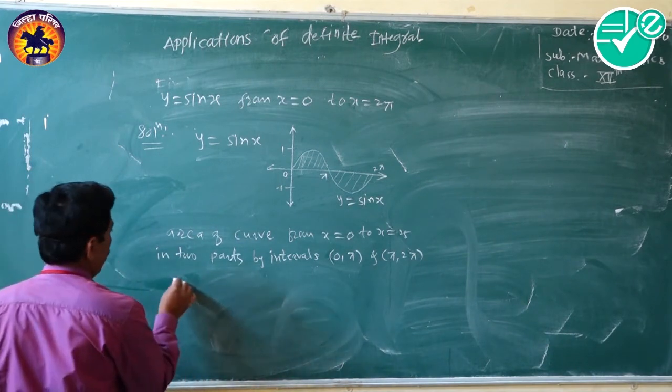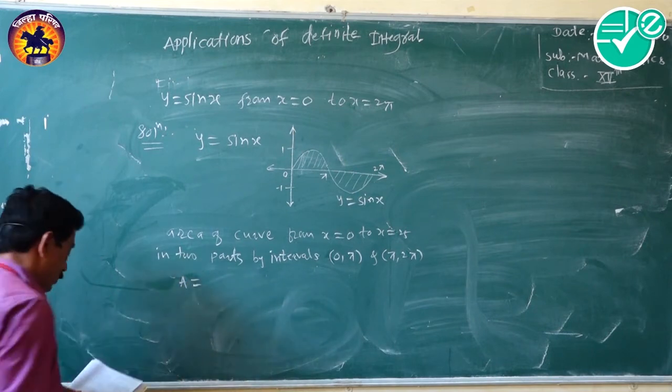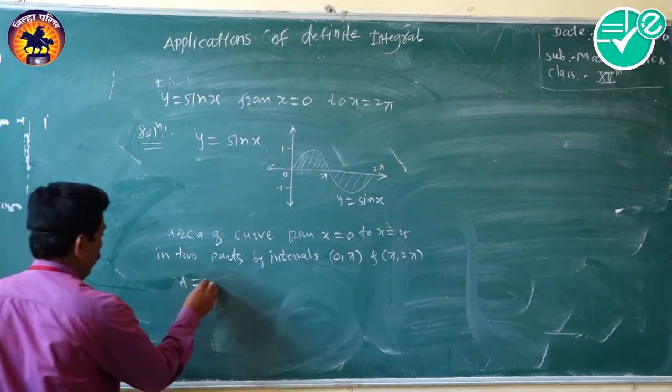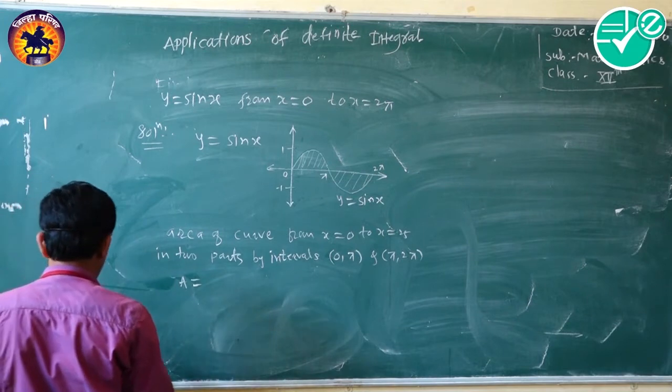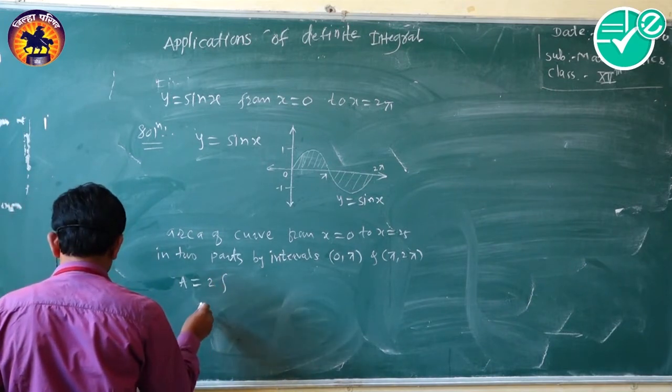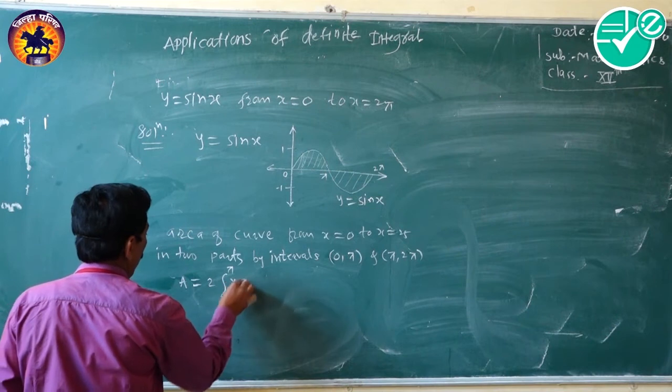That is, A is equal to 2 times the integral from 0 to pi of y dx.